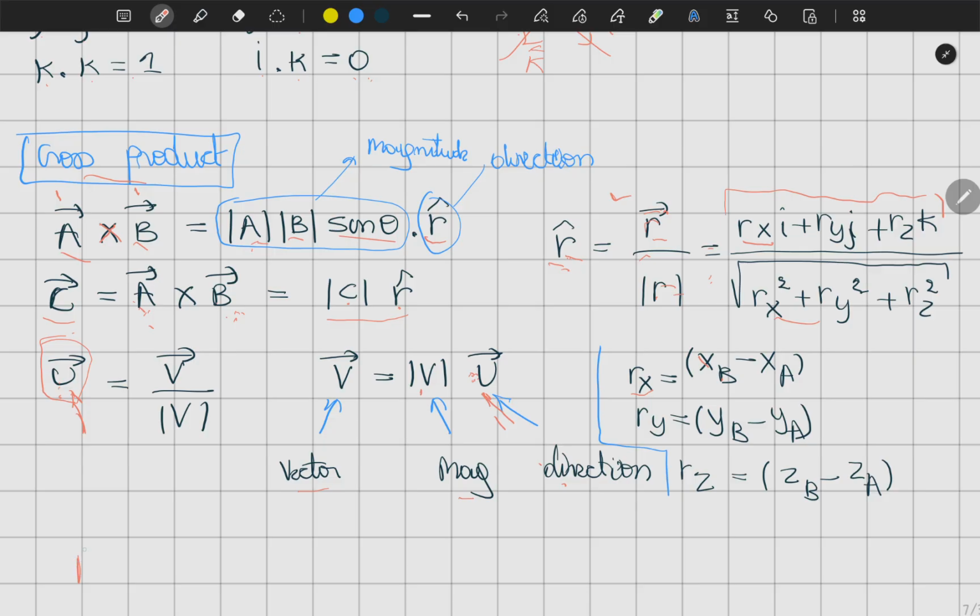So whenever you have two vectors on cross product, now ry is yb negative ya, rz equal to zb negative za. Okay, so these are the formulas that we're going to use. After you solve them, you plug them back inside the unit vector equation. Okay, so this is cross product for us.